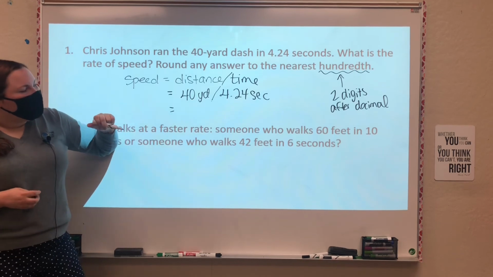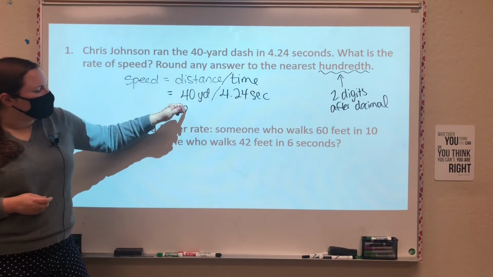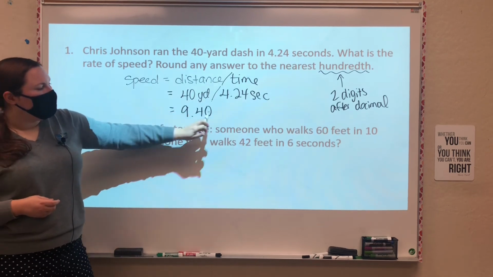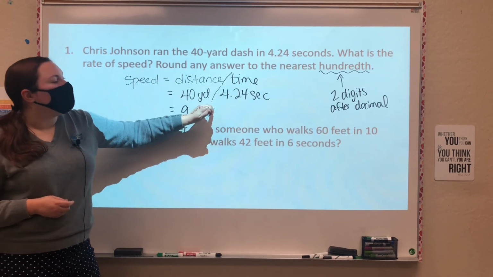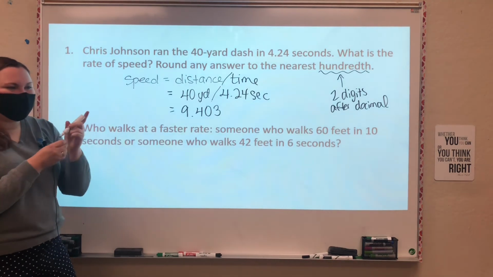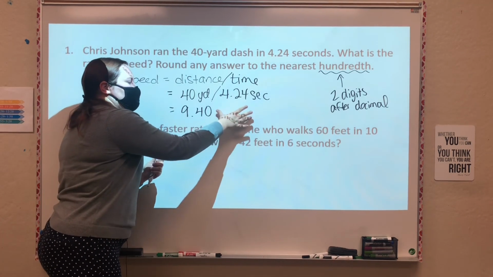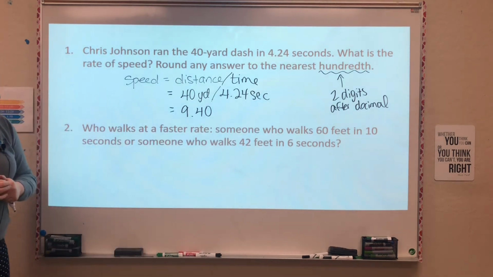Okay. So I heard a number, but I didn't write it down. What did you get when you divided? 9.40? Yeah, so it's going to be 9.43, but using what we said earlier, it would round to 9.40. What does that number there mean?